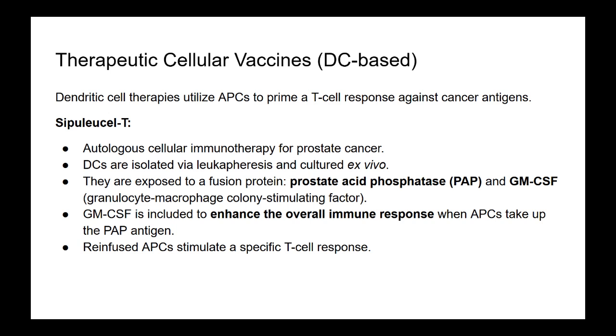During this process, the dendritic cells are exposed to a fusion protein composed of prostate acid phosphatase and granulocyte macrophage colony-stimulating factor. The purpose of including the granulocyte macrophage colony-stimulating factor is to enhance the immune response when the antigen-presenting cells take up the prostate acid phosphatase antigen. After the dendritic cells are loaded with this antigen, they are reinfused into the patient to provoke a targeted T-cell response against the cancer.